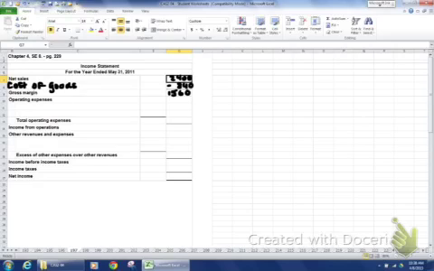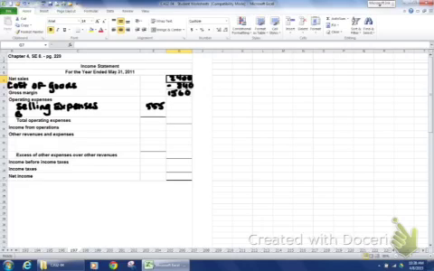So the next category are our operating expenses, and here we'll put our first item, selling expenses. And for this company, it's $555.